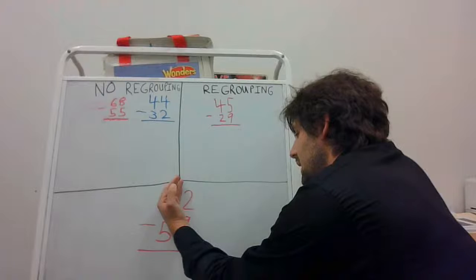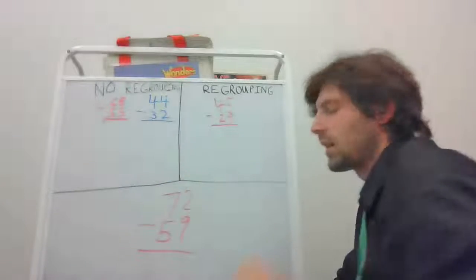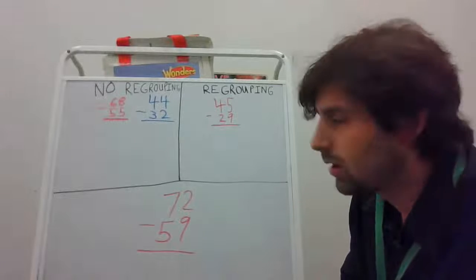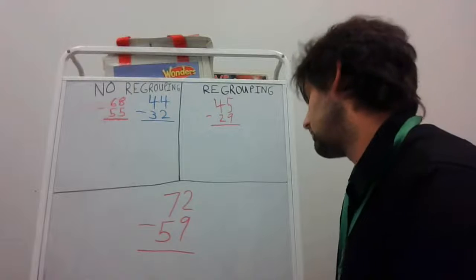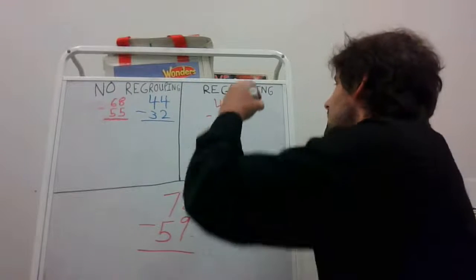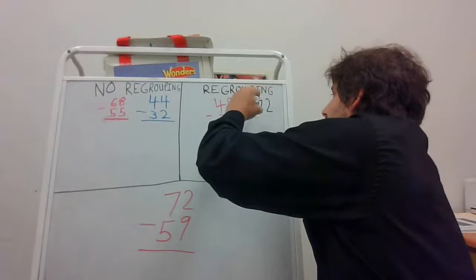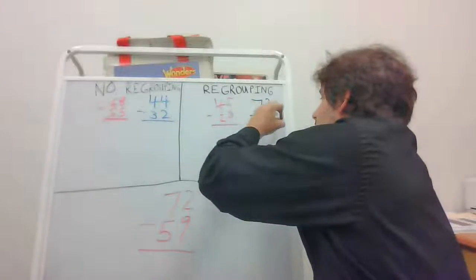You can't start with 2 and take 9 away. So because the bottom number is bigger, we do need to regroup. So 72 minus 59 goes in the regrouping category, because that is a problem that we need to regroup.